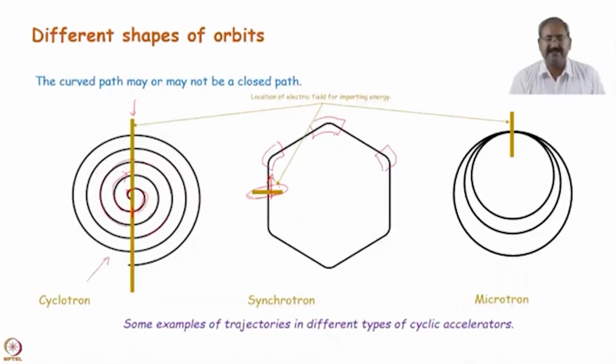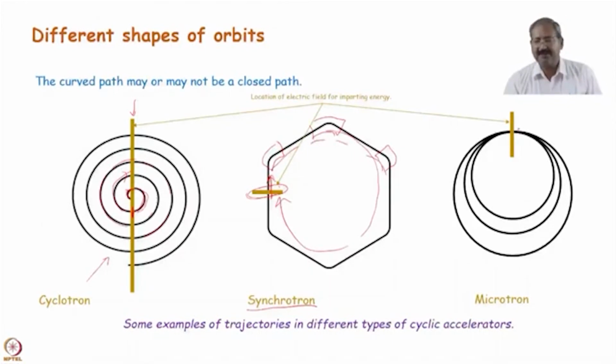So as the energy increases, the magnetic field also increases, and we keep R constant. So the particle continuously moves on a constant radius, and the orbit doesn't change in the case of a synchrotron. And these orbits may not be completely circular, like in this example, this is a hexagon. So it may have various polygon shapes depending on how many magnets we have and how we design the lattice.